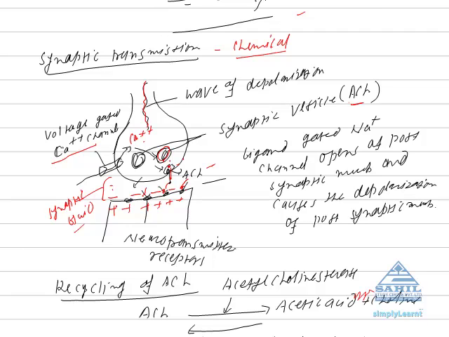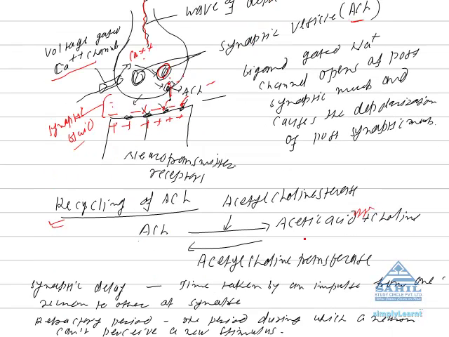Now see, acetylcholine which has been released from the axon enters into the axon again. How? This is recycling. How does recycling of acetylcholine occur? Acetylcholine consists of acetic acid and choline. There is an enzyme present on dendrites called acetylcholine esterase enzyme.